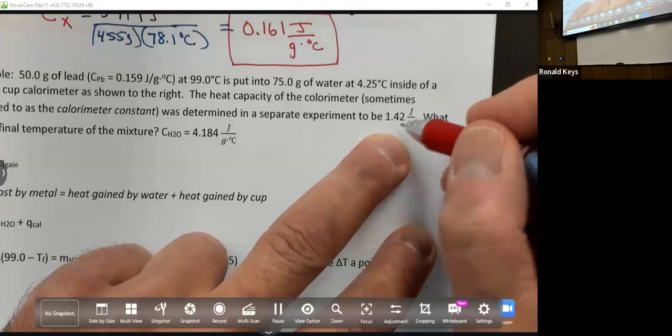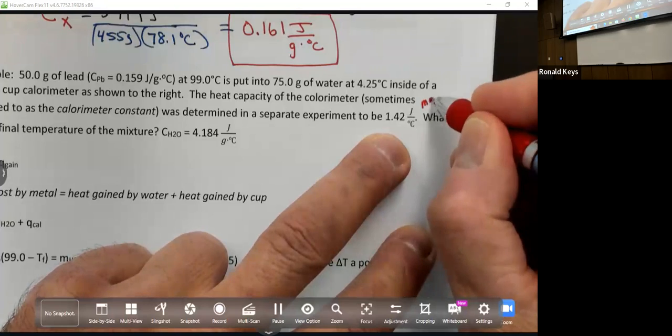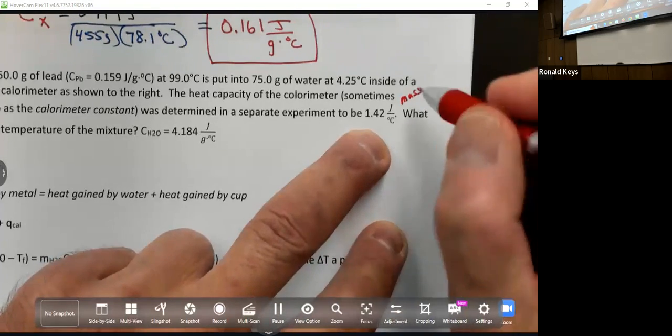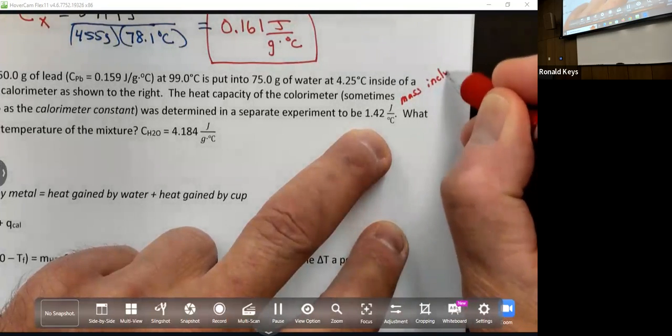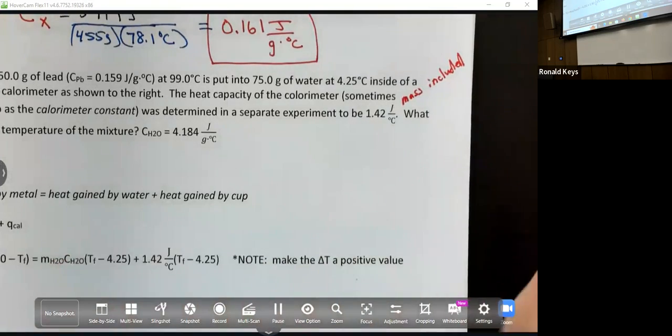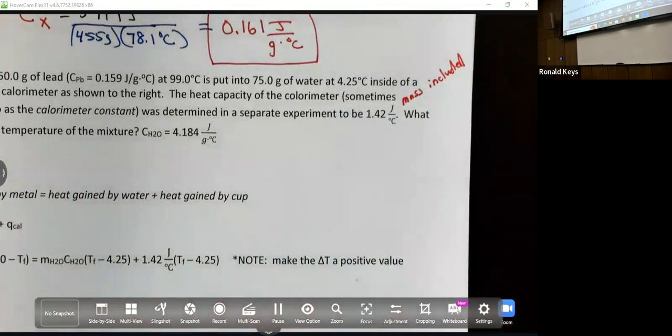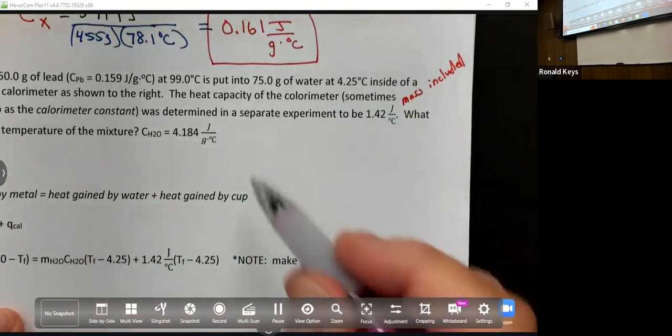So the mass is figured in. The mass and whatever it's made up of is already included. It says, what is the final temperature of the mixture? So let's sort everything out again.